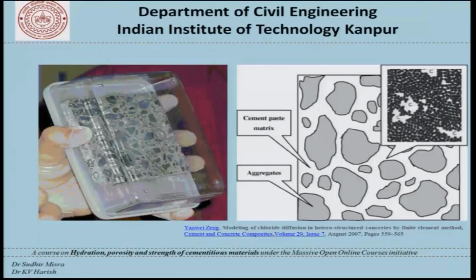So now this is where we had stopped the last time. We had seen that concrete is a composite material comprising of the aggregates which are shown here and the cement paste matrix which is shown here, which itself comprises of solids and voids.